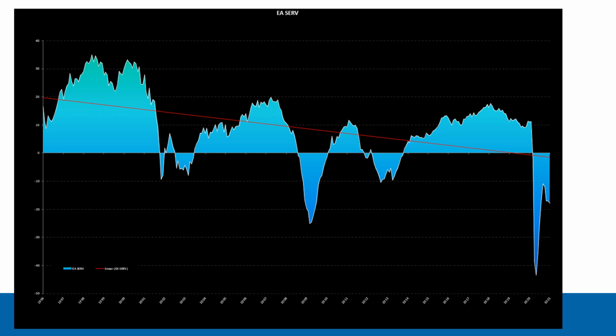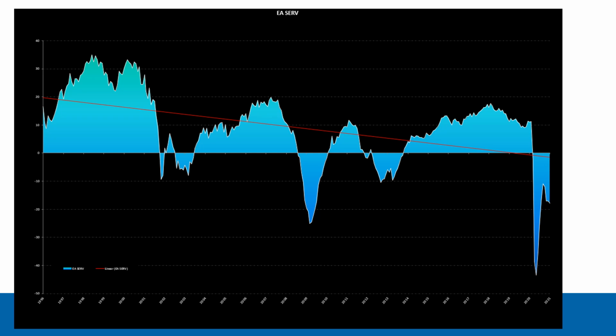So the service sector of the economy has been in the vast majority positive and manufacturing in the majority negative. However, services sentiment on average keeps going lower when we look at it over multiple years. That's the red average long-term trend line on the screen.